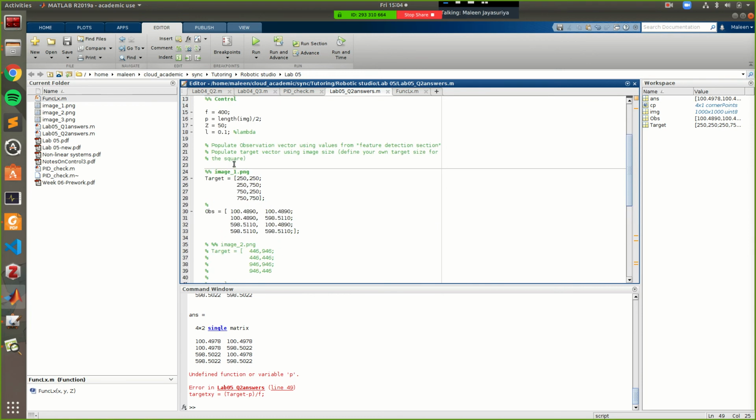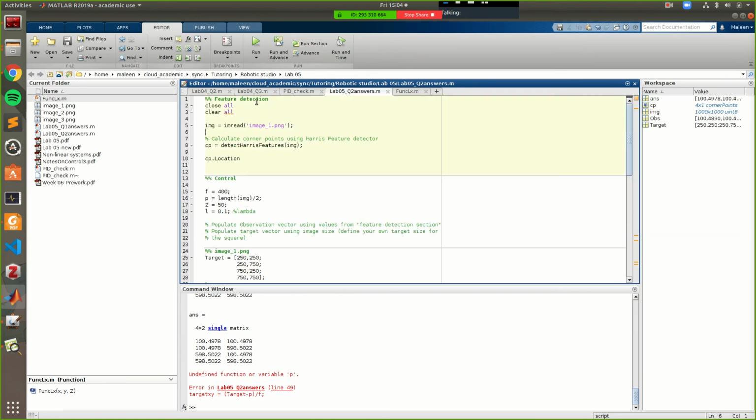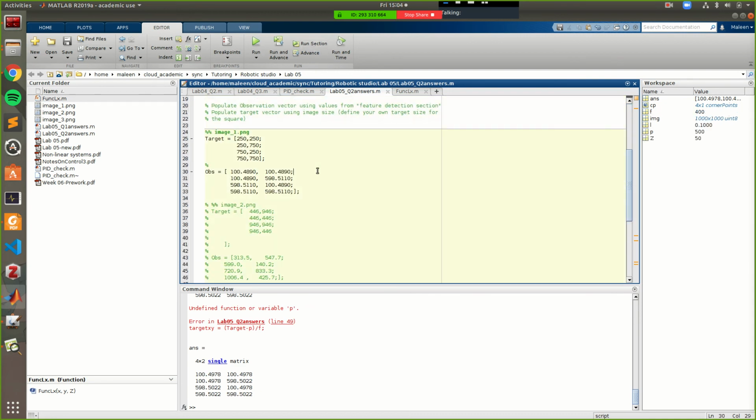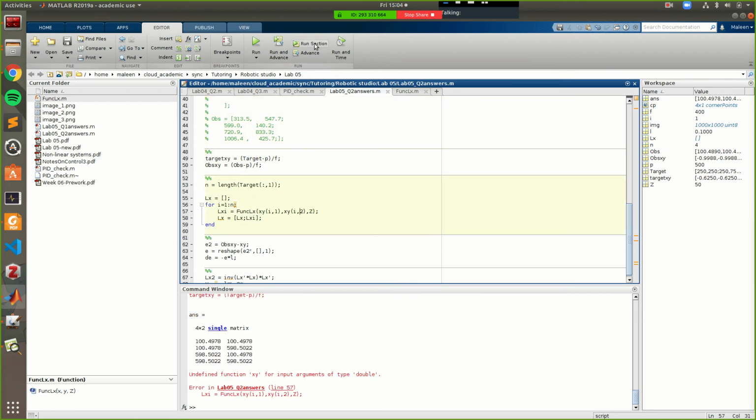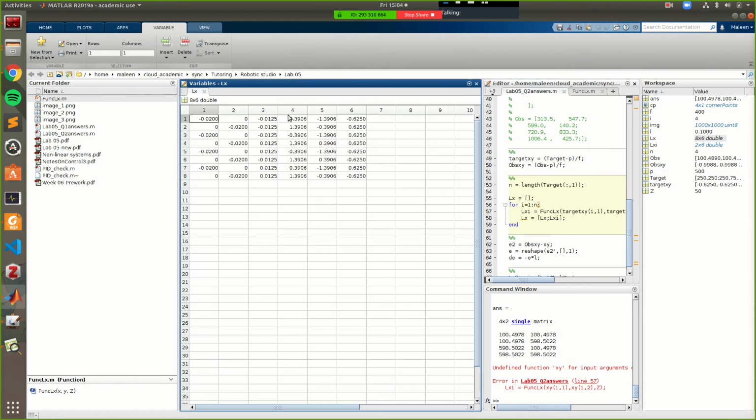Size p now. So now you can see that Lx looks like this, right?